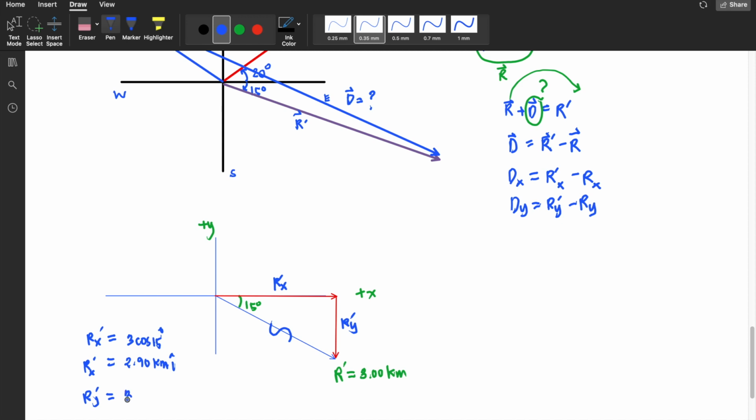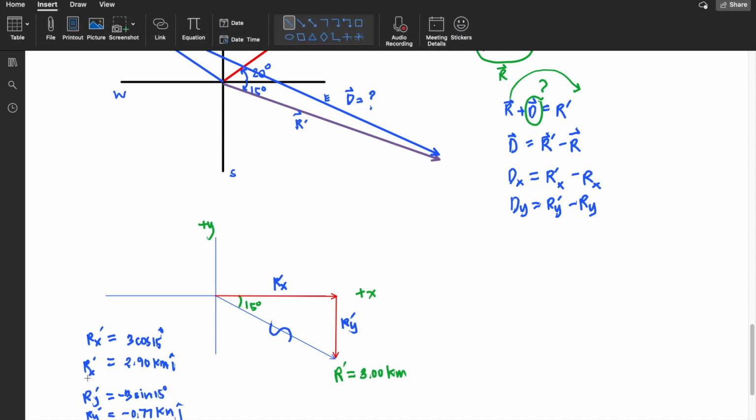So 3 sine 15, and then you'll have negative. That would be negative 0.77 kilometers j hat. So we already have the components for your r prime vector, these two here.